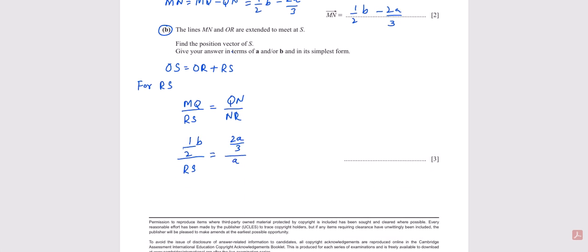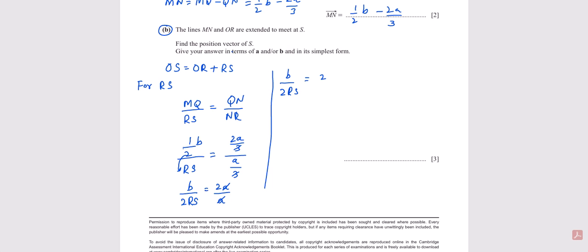This 3 cancels with this, and this 2 multiplies with RS, 1 multiplied by B, so B over 2 RS is equal to 2A over A, and this A cancels with this A. Remaining is B over 2 RS is equal to 2.